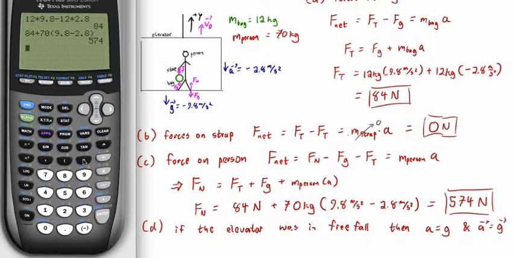So then we could go on to say that we'd have a tension force of 0, and the normal force would just be the tension force plus the mass of the person times G minus G, which of course would also just be 0.